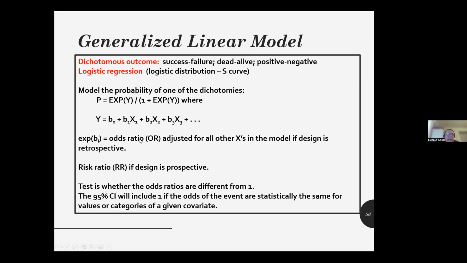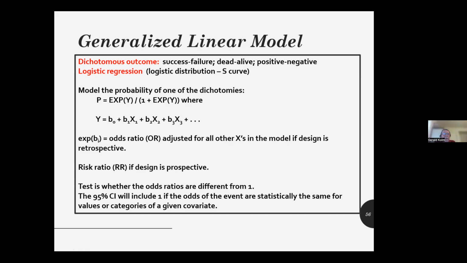Because if the odds ratio is equal to 1, that means the odds of being in one group or the other, or having the outcome, are the same in both groups. When we compute a 95% confidence interval for odds ratios, if that interval includes 1, then we say the odds of the event in either group are statistically the same.